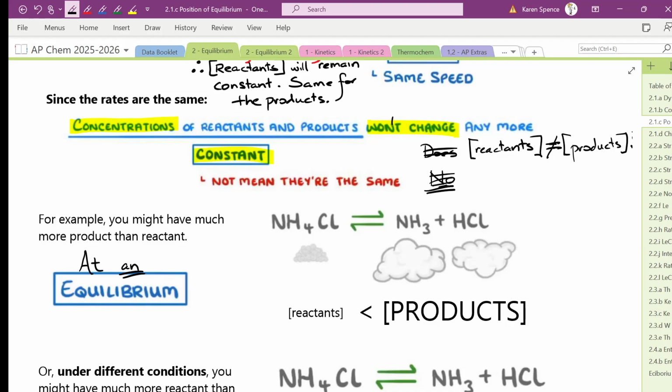We're going to start changing the equilibrium, okay? But at an equilibrium, at constant conditions, in this particular case, we have a small amount of reactant. You can see it's small. And we have a large amount of product.